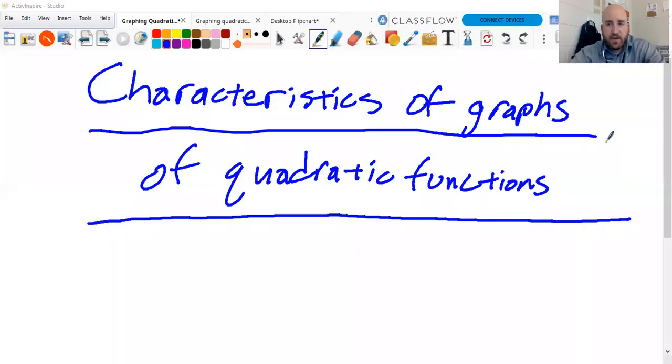All right, so sharing my screen, sharing active board. All right. So we're doing characteristics of graphs of quadratic functions. If y'all remember back at the beginning of the year when we did the vocab, and it's something I've said throughout the year so far, pretty much everything we do in Algebra 2, we got to do some graphing for. So we're starting here with the quadratic unit.